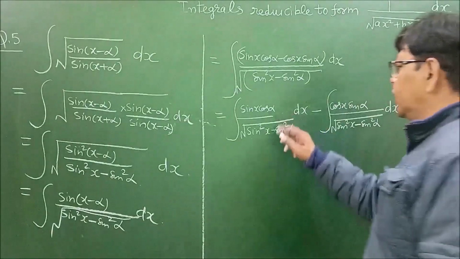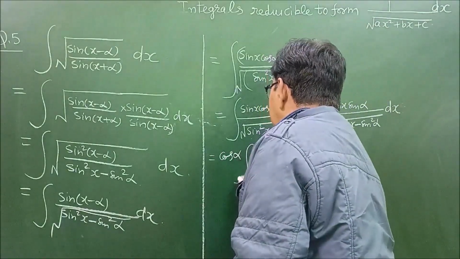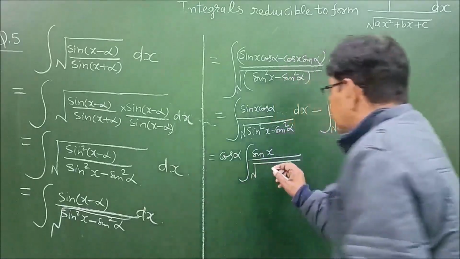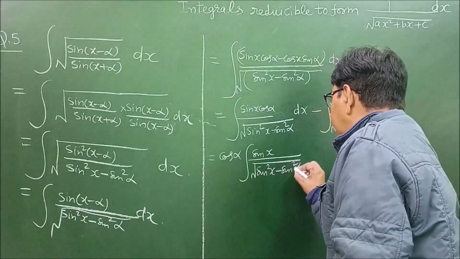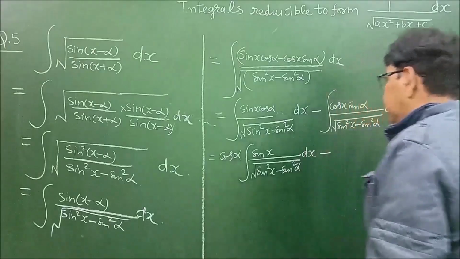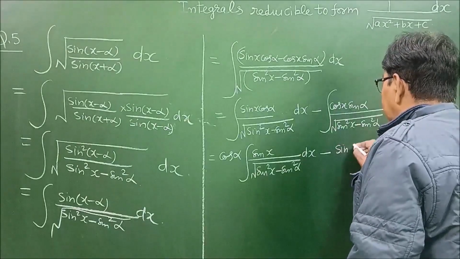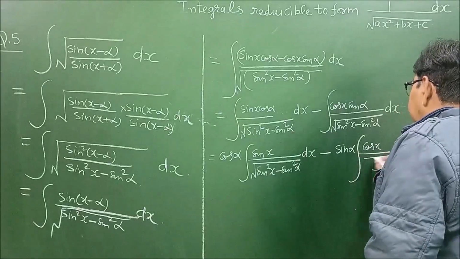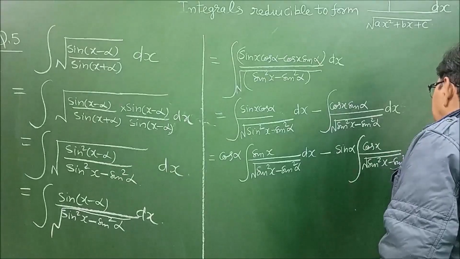Now cos alpha is a constant, so take it out of the integral: cos alpha integral of sin x upon under root of sin square x minus sin square alpha dx minus sin alpha, which is a constant, so sin alpha integral of cos x upon under root of sin square x minus sin square alpha dx.